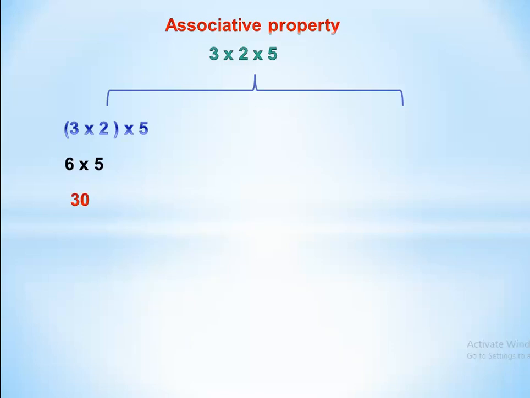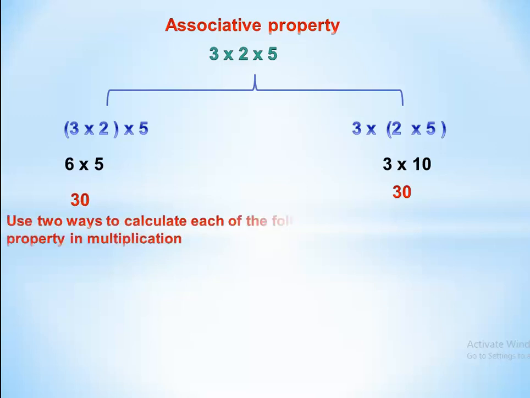Another way, we can group 2 and 5: 2 times 5 equals 10, so it will be 3 times 10 equals 30. So the associative property in multiplication and in addition never changes the answer.